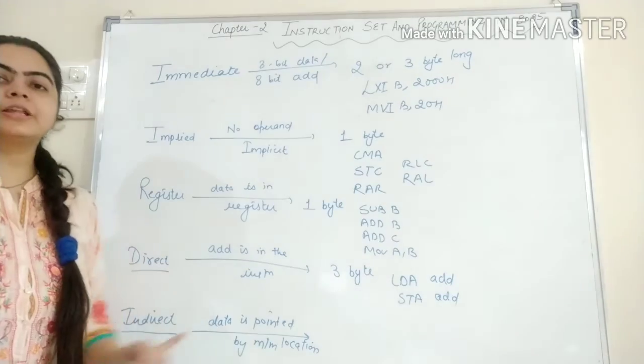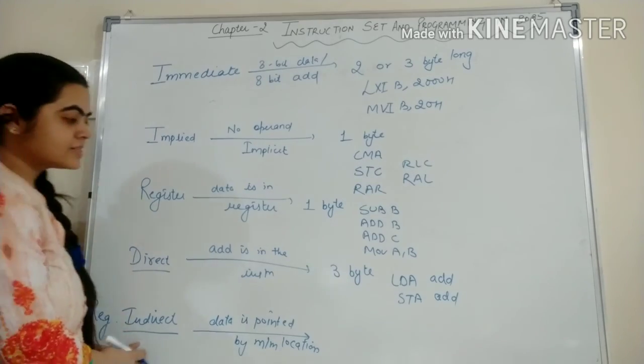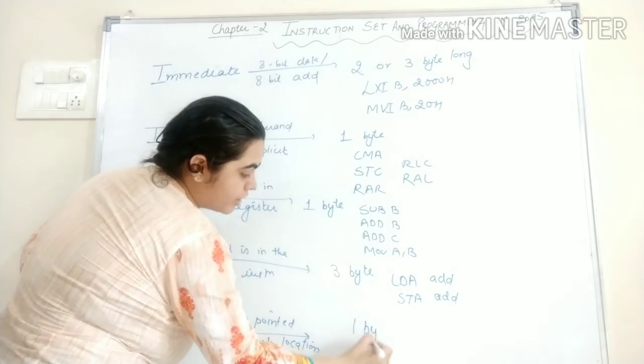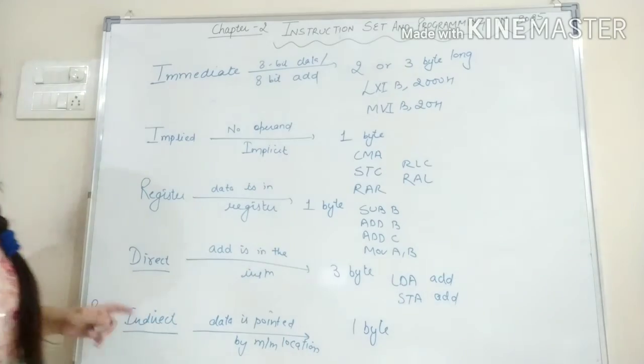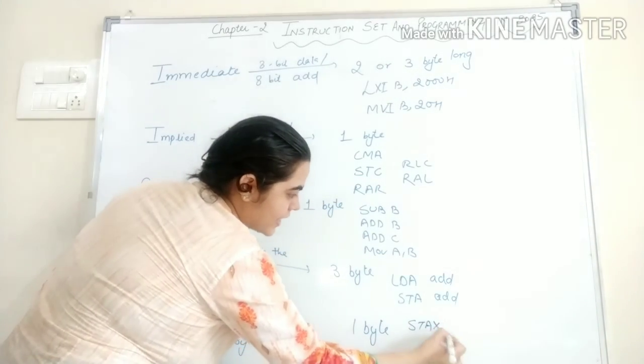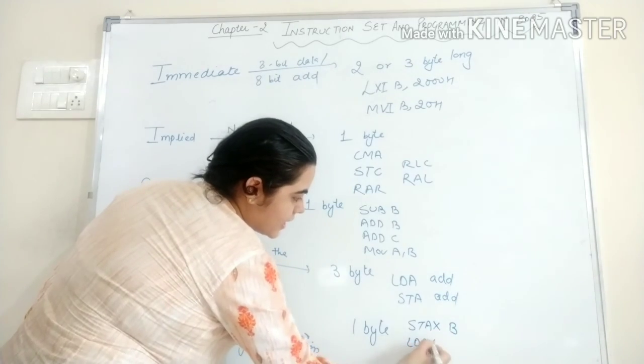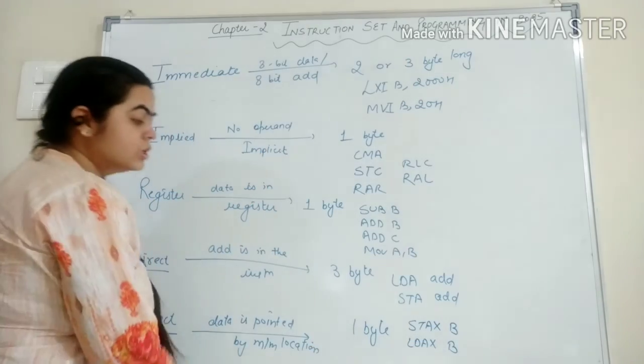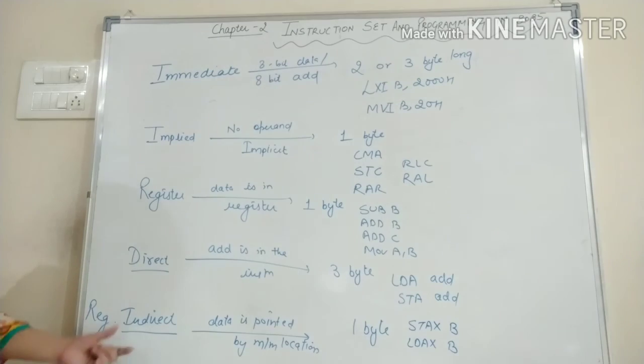The data is pointed to by the memory location. These instructions are 1 byte instructions. For example, we have STAX B, we have LDAX B. These types of instructions are the indirect addressing mode type of instruction.